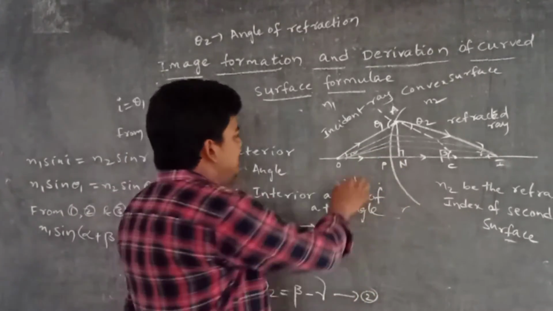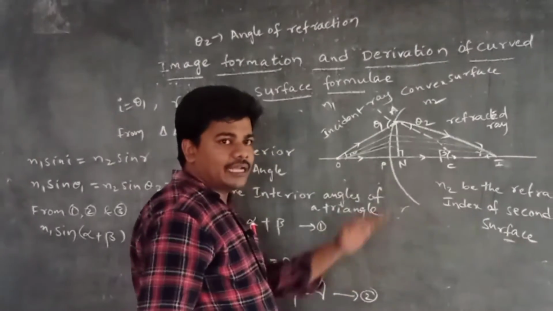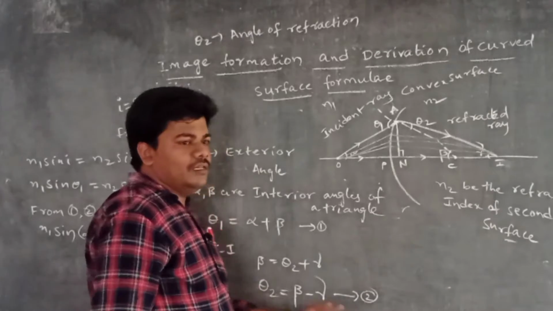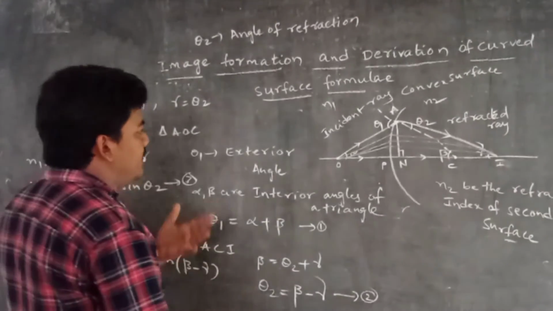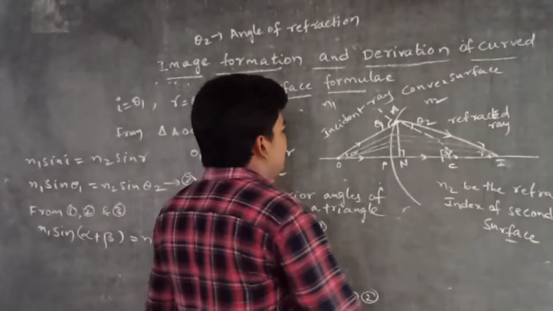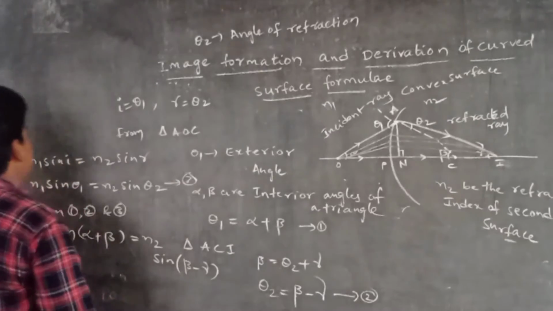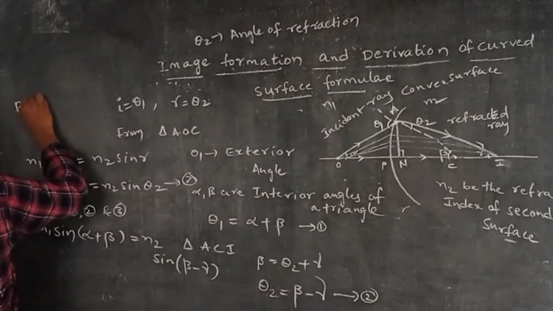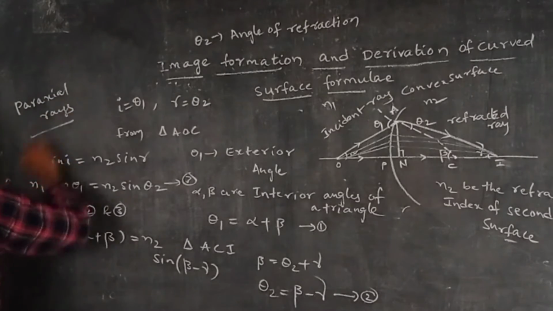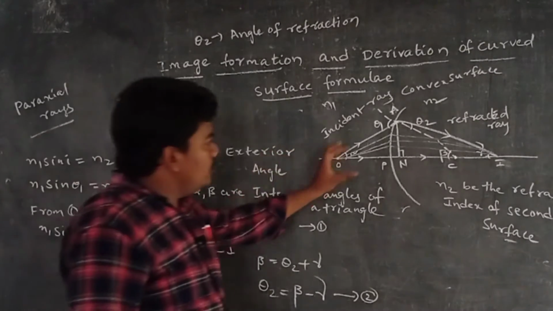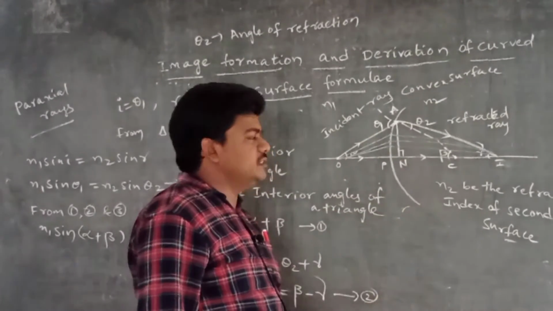The light rays which are incident on this surface are coming towards the principal axis. Then what will we observe? The rays which are coming towards the principal axis are said to be paraxial rays.